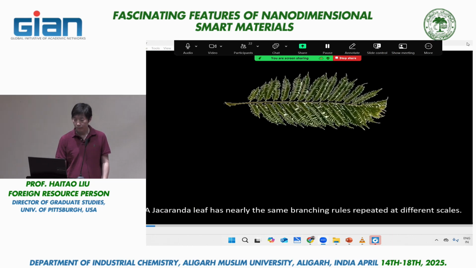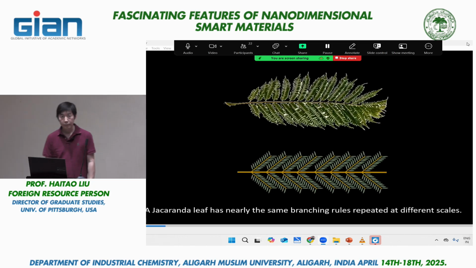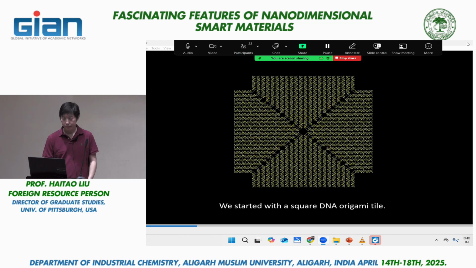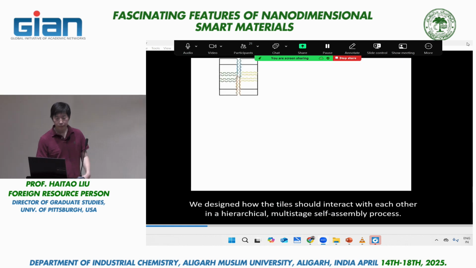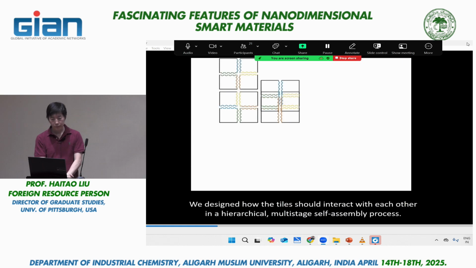A jacaranda leaf has nearly the same branching rules repeated at different scales. Taking inspiration from nature, we developed a strategy for creating complex DNA nanostructures by applying the same assembly rules repeated at different scales. We started with a square DNA origami tile. We designed how the tiles should interact with each other in a hierarchical, multi-stage self-assembly process.